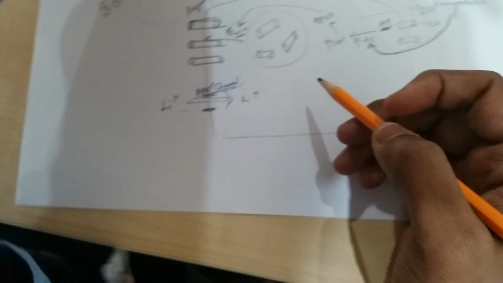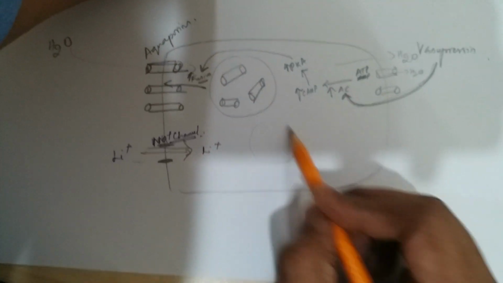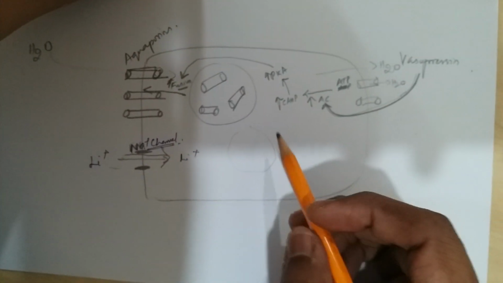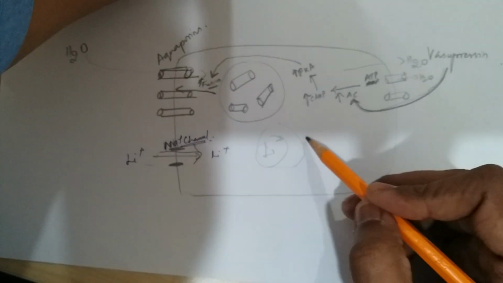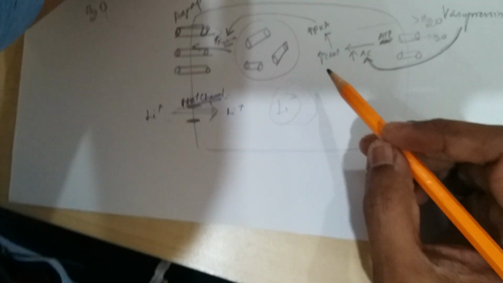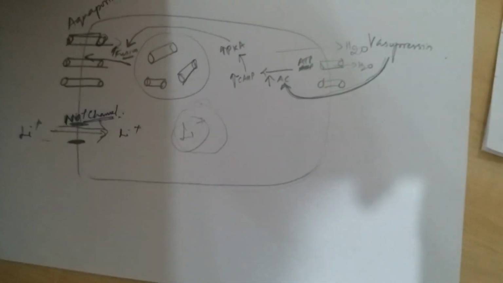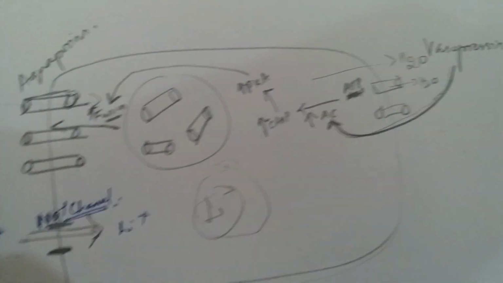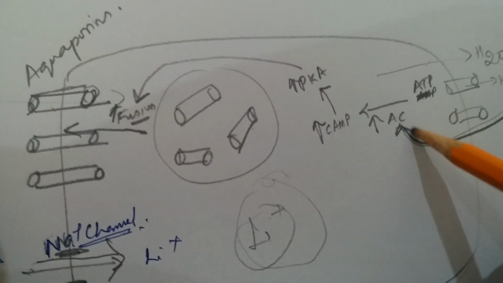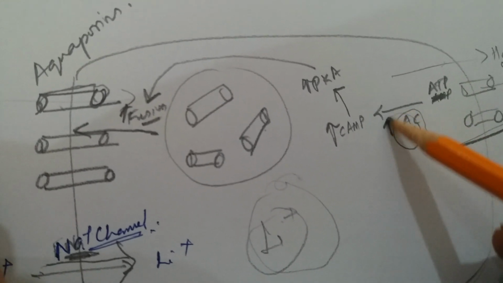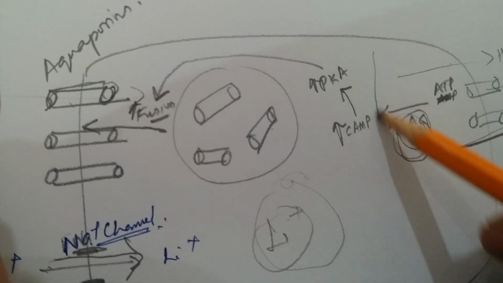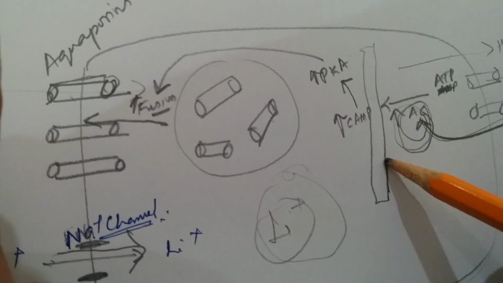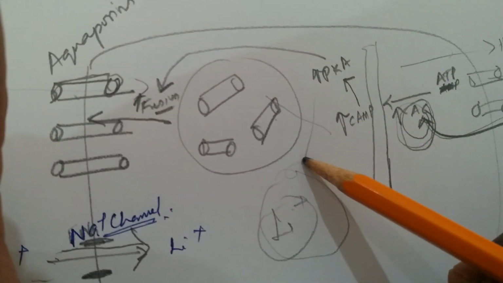Once it enters this cell, it is toxic for the cell. This lithium ion, through a series of reactions, inhibits the adenylyl cyclase enzyme. When this adenylyl cyclase enzyme is inhibited, the entire chain of reactions which occur beyond this is blocked.